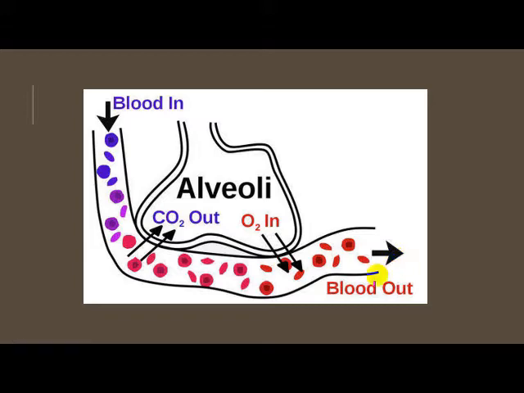The cell is using this oxygen to release energy from the food that we obtained, and carbon dioxide is produced as a waste product, and this carbon dioxide is again mixed with our bloodstream, and the bloodstream carries this carbon dioxide to the alveoli or lung part, and from the lung this carbon dioxide is exhaled from our body.